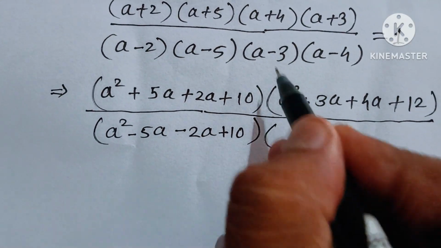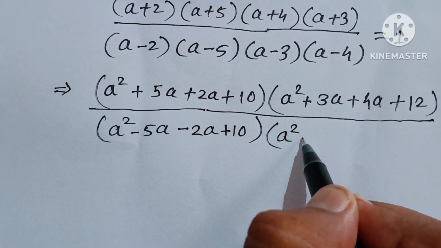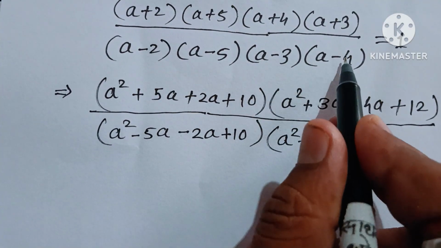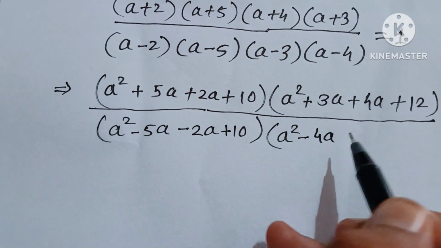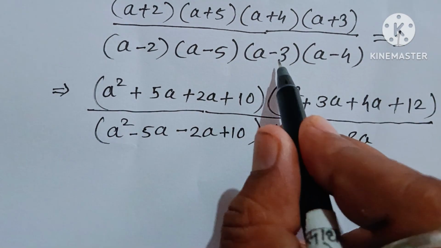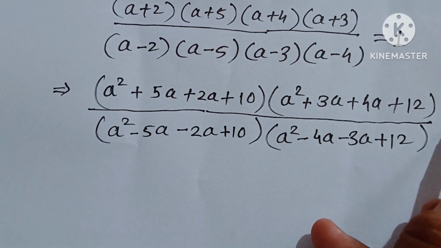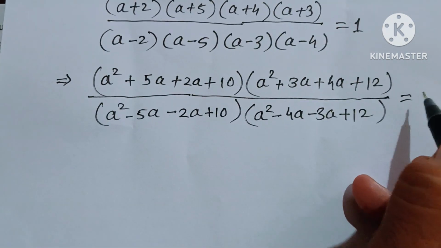In another bracket, a multiply a square, minus a multiply minus 4, that is minus 4a, minus 3 multiply a, minus 3a, minus 3 multiply minus 4, that is plus 12, equal to 1.